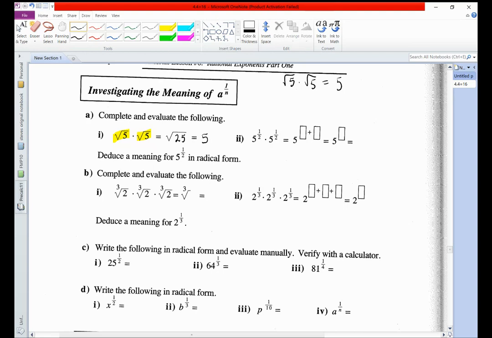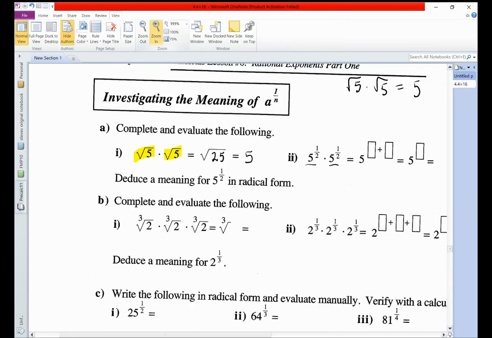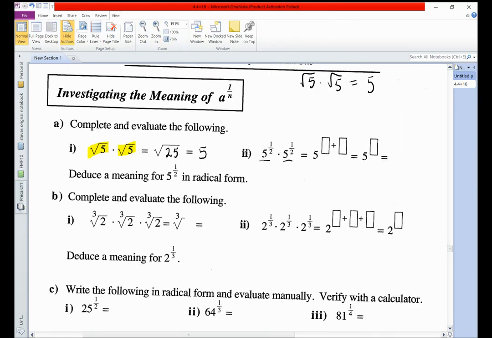And we can do the same investigation with 5 to the power of 1/2 multiplied by 5 to the power of 1/2. So exponents with the same base means we're going to add those. Maybe what I should do is zoom it in a little bit. There we go. We are going to add those exponents, right? Powers of the same base, we add the exponents. 1/2 plus 1/2 is basically like 5 to the power of 1, which is just 5.